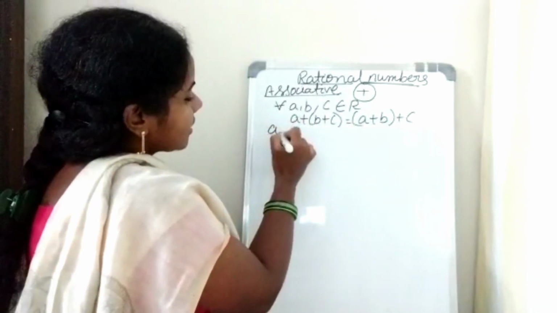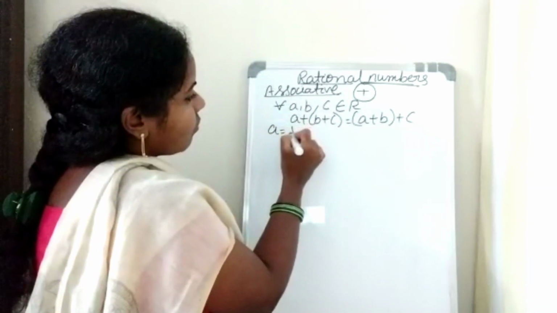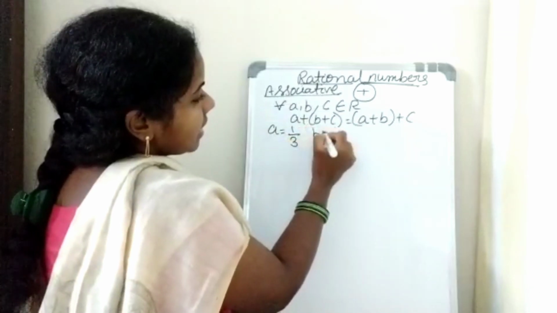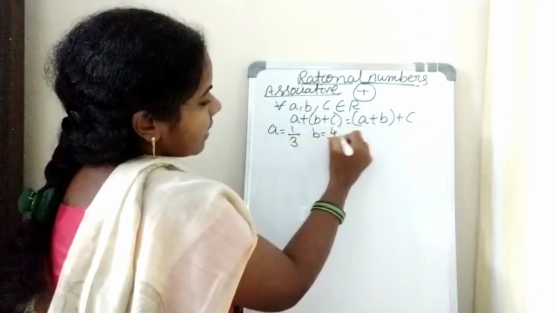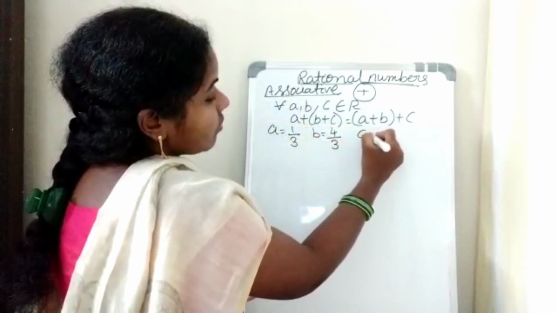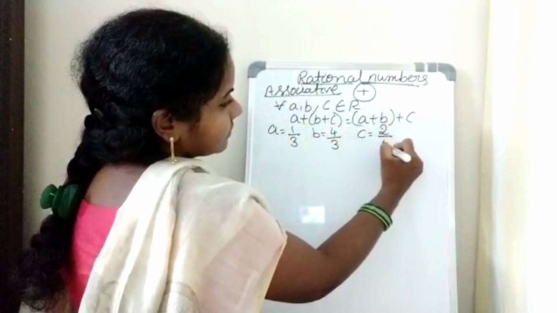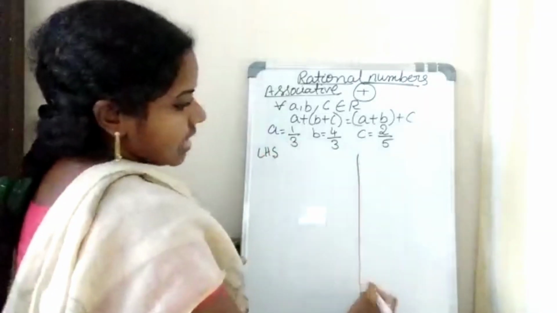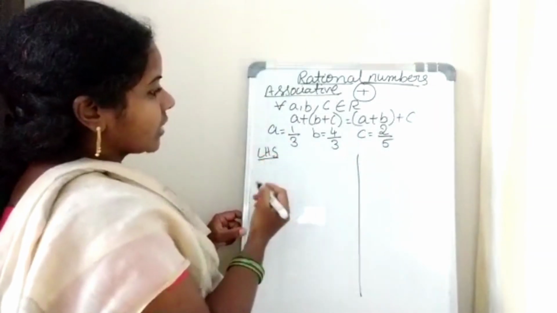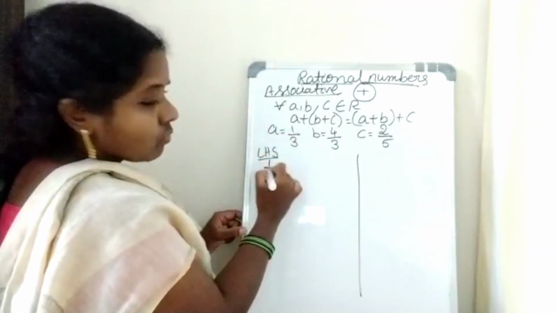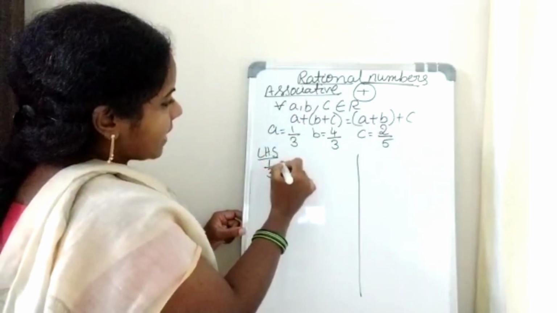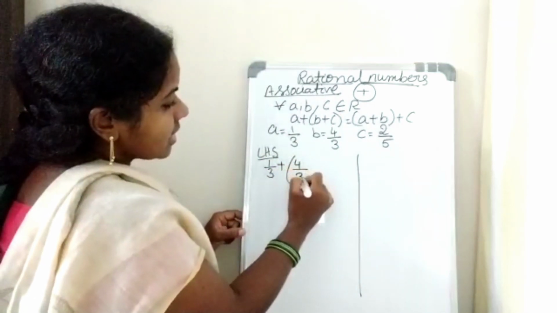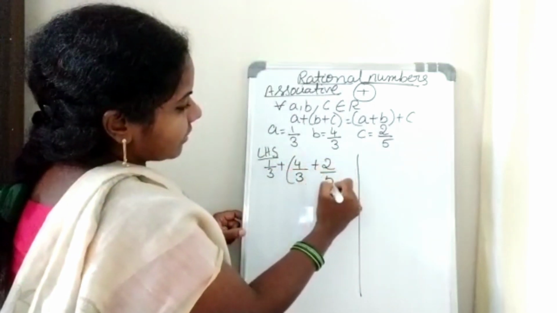So I am taking the values a = 1/3, b = 4/3, c = 2/5. First I will do the LHS: 1/3 + 4/3 + 2/5.